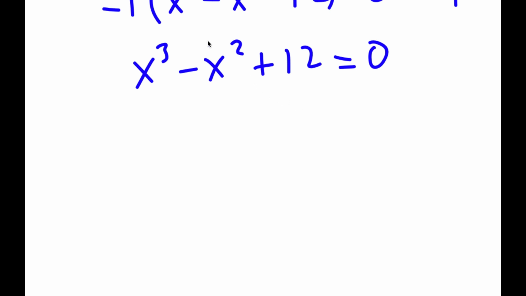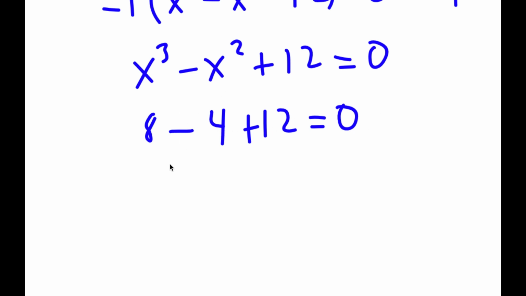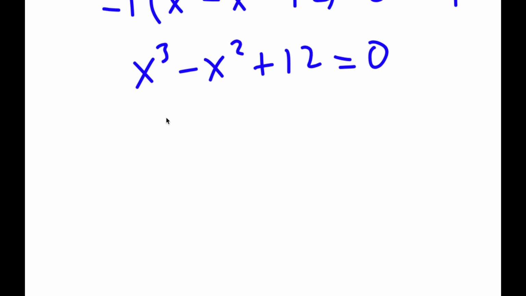So to do that, I'm just going to start by plugging in values of x and seeing if any of them will work. So 1, if we plug in 1, that's obviously not going to work. So let's go ahead and try 2. If I plug in 2, I get 2 to the power of 3, which is 8, minus 2 squared, which is 4, plus 12 is equal to 0. 8 minus 4 is 4, 4 plus 12 is 16, so 16 does not equal 0. So now let's try negative 2.